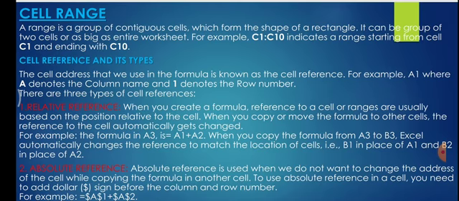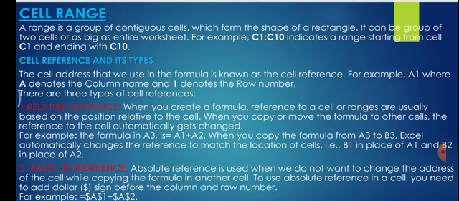When you create a formula, a reference to a cell, meaning the address of a cell or range, is usually based on the position relative to the cell. When you move or copy the formula to other cells, the reference to the cell automatically gets changed.